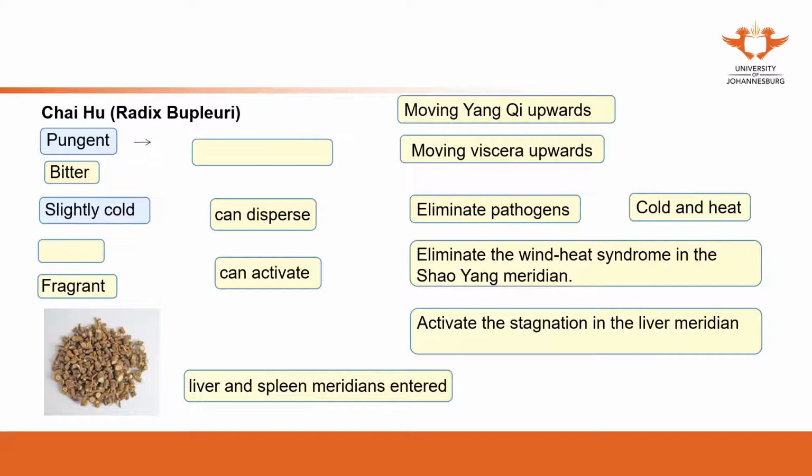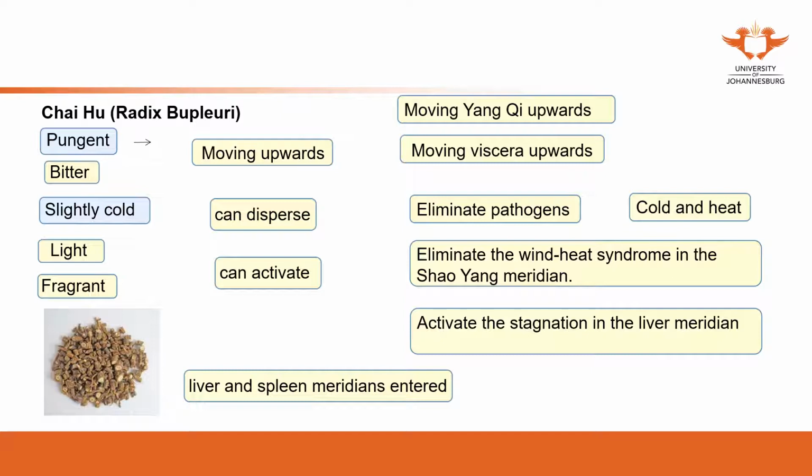柴胡 is pungent and bitter. Pungent can move things outwards, move yang qi outwards, move the organs outwards. Pungent can disperse. Pungent can activate. Fragrant also can activate.